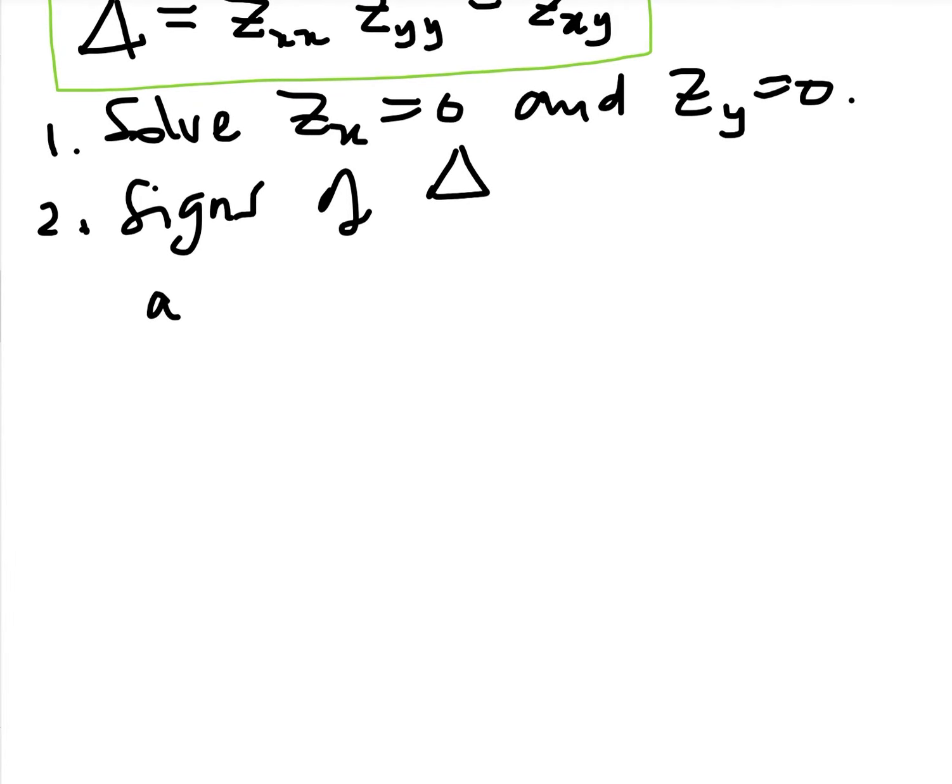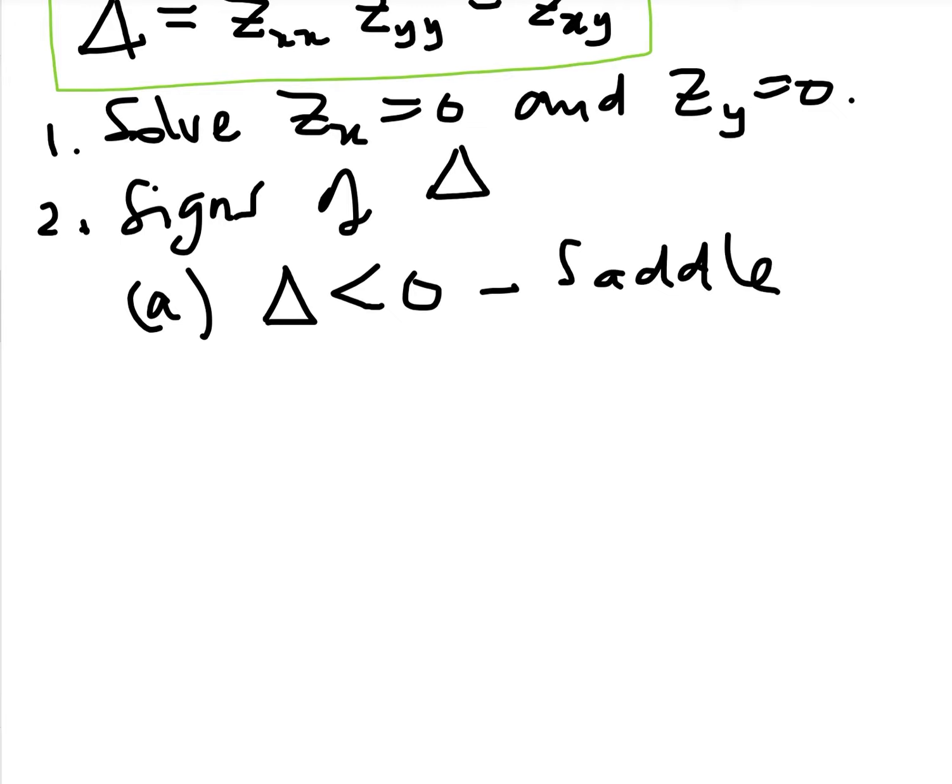Case number A, if the discriminant is negative, we get what is called a saddle point. So if the first derivative is 0, and if the discriminant is negative, we get a saddle point. And you remember what the saddle looked like in one example.